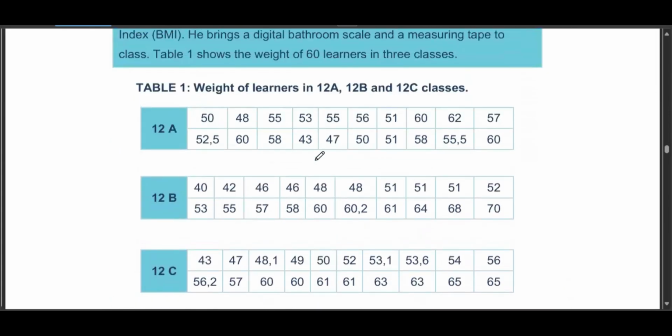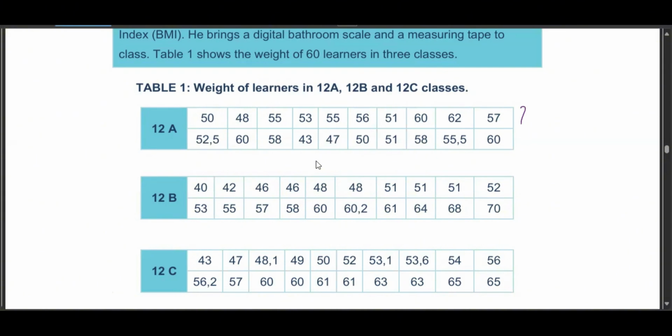So 12A, you're going to add all the numbers, 50 plus 52,5 plus 48 plus 60 plus 55 plus 58 plus 53 plus 43 plus 55 plus 47 plus 56 plus 50 plus 51 times 2 plus 60 plus 58 plus 62 plus 55, then we add on 57 plus 60.